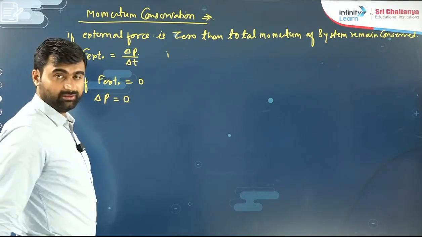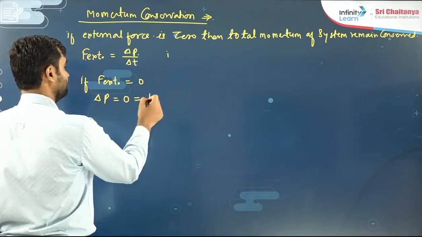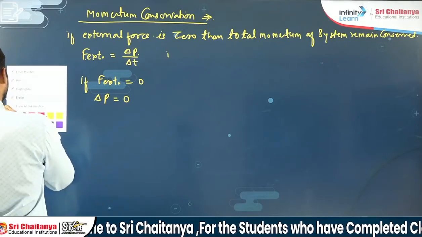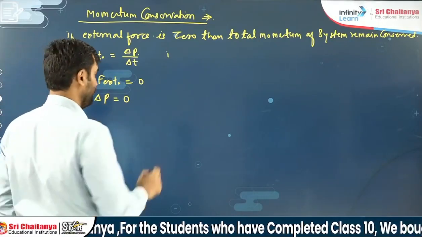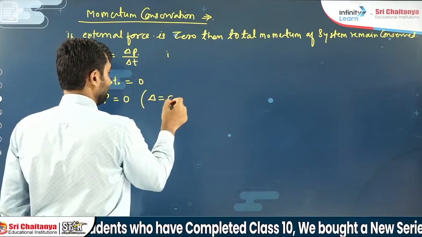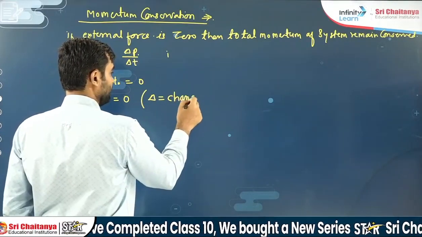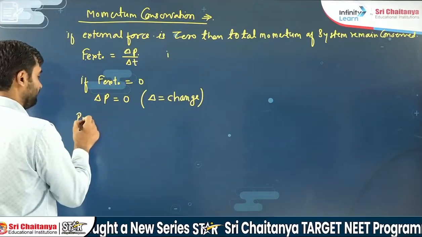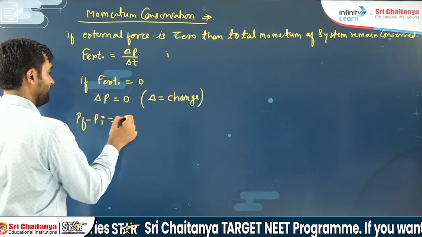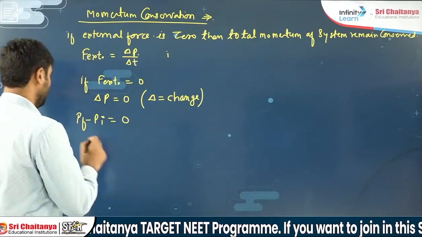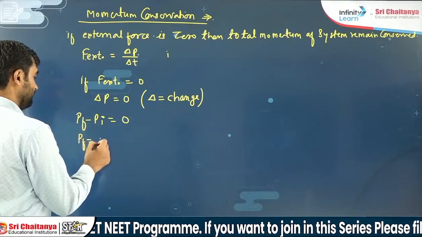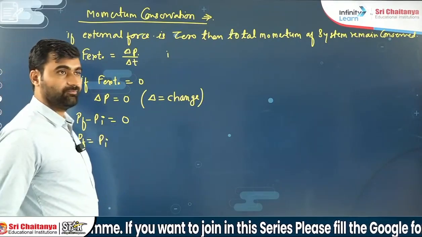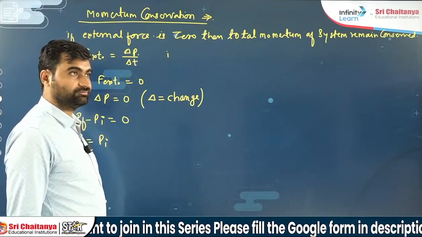What is delta P? Delta means change. Always remember students, this sign delta means change. Change means final minus initial. So delta P means P final minus P initial, it is 0. So we can say that P final equals P initial. Understood?